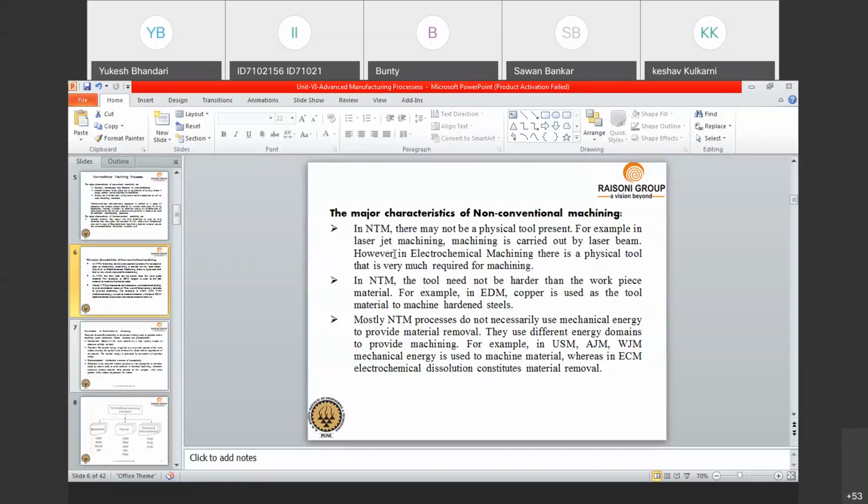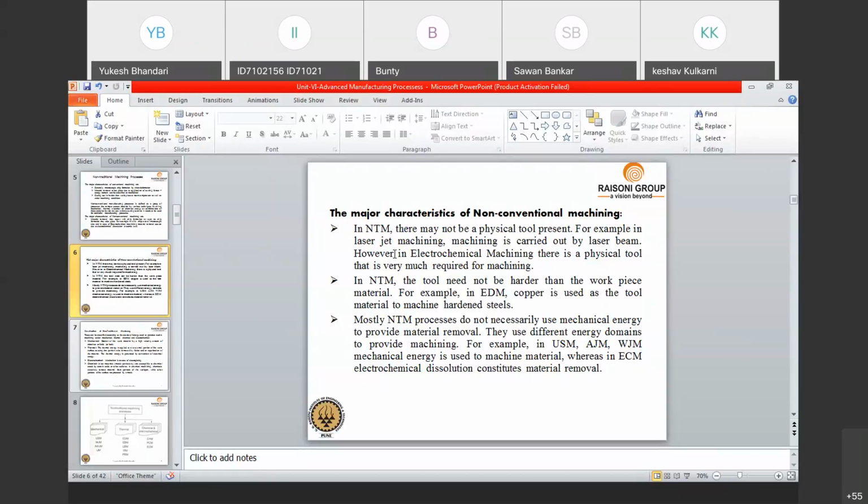Another characteristic is that in conventional machining processes, we generally use mechanical energy sources. But in NTM processes, it is not necessary to use mechanical energy for material removal. Here we use different energy domains: in USM, AJM, and WJM we use mechanical energy, but in ECM we use electrochemical dissolution.